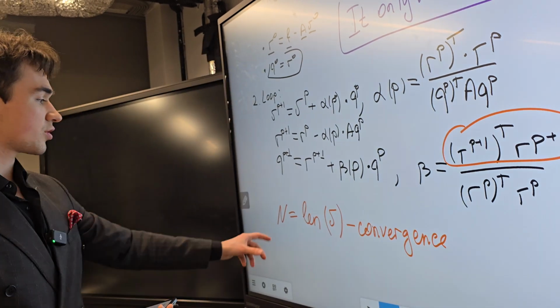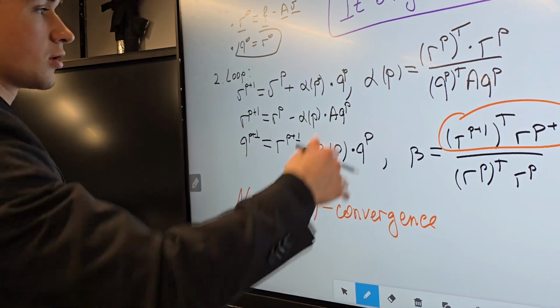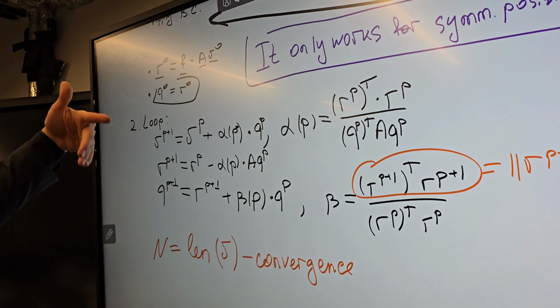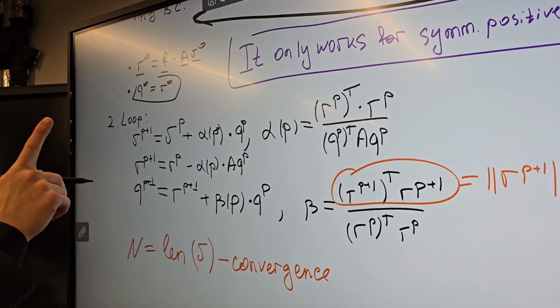So we converge in n steps, where n is the length of your array, or the dimensions of your problem. And here we can see some troubles.